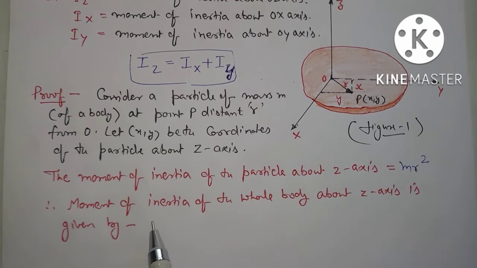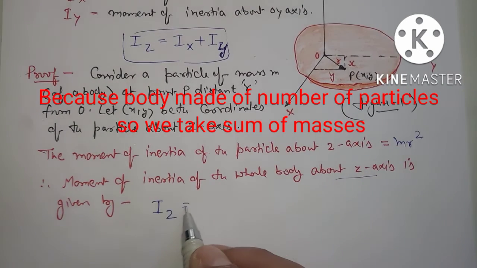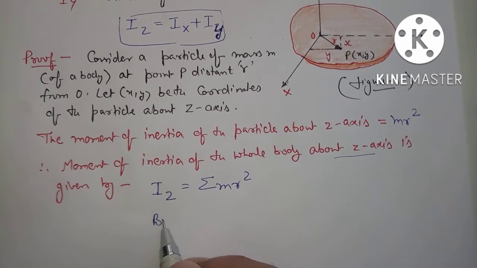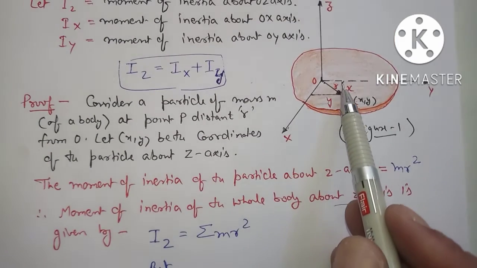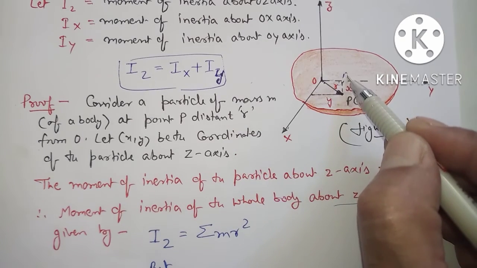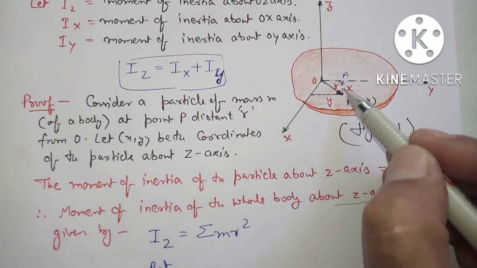Now the moment of inertia of the whole body about the z-axis is given by Iz equal to summation m r squared. You can see here, if you take this right angle triangle, suppose this is point A, O, A, P. Here this angle is 90 degrees.